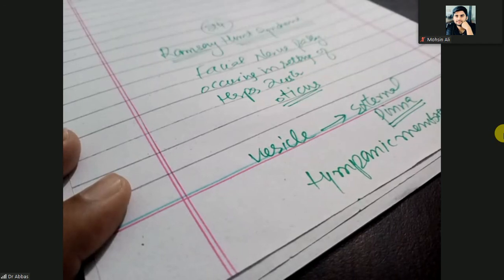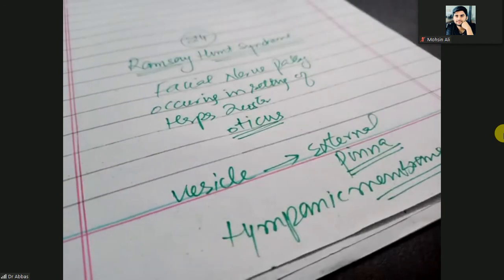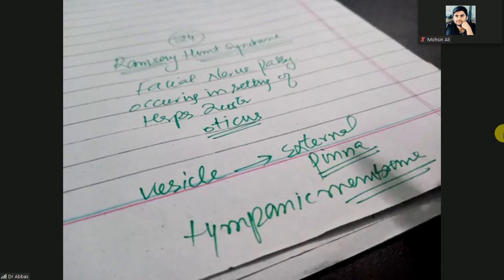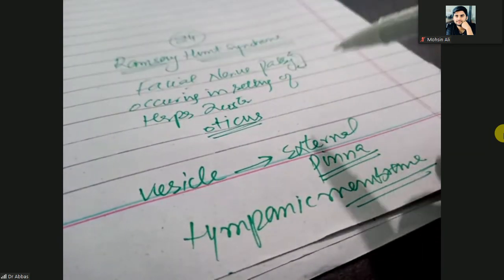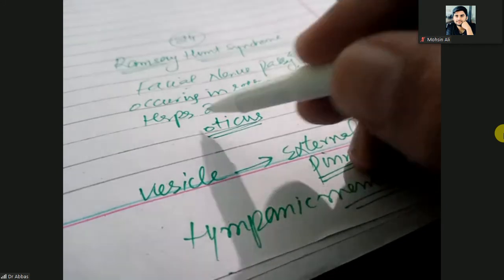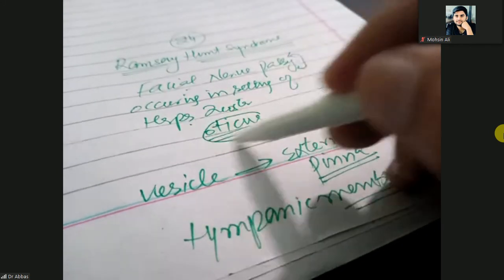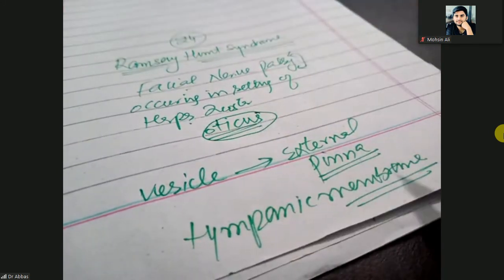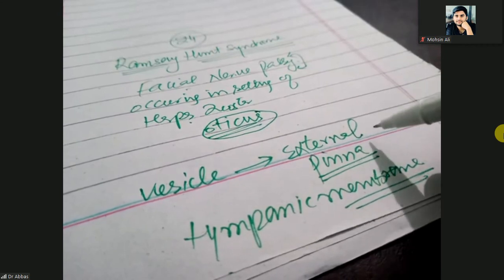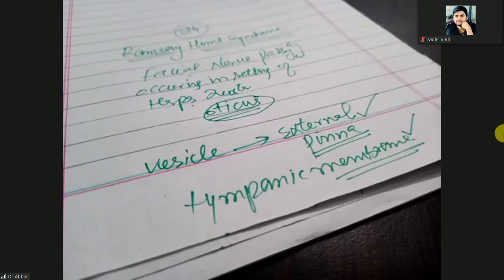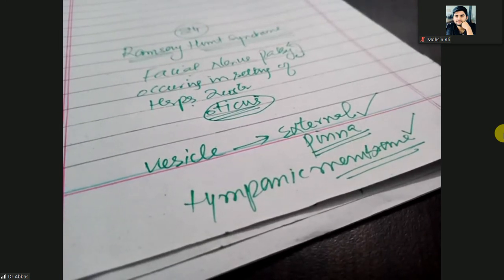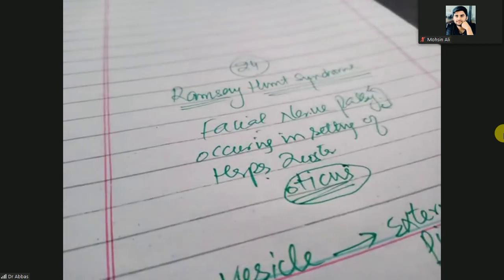Then there could be a facial nerve palsy. It means that when the vesicles are present on the external pinna and the tympanic membrane, there is a greater chance of facial nerve palsy, and we call it the Ramsay-Hunt sign.